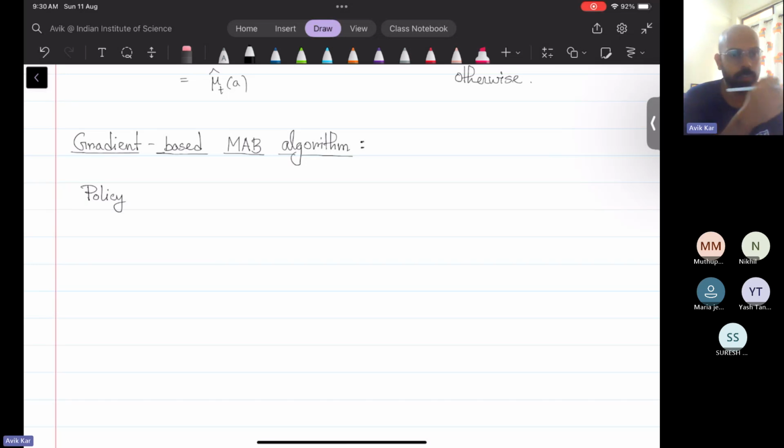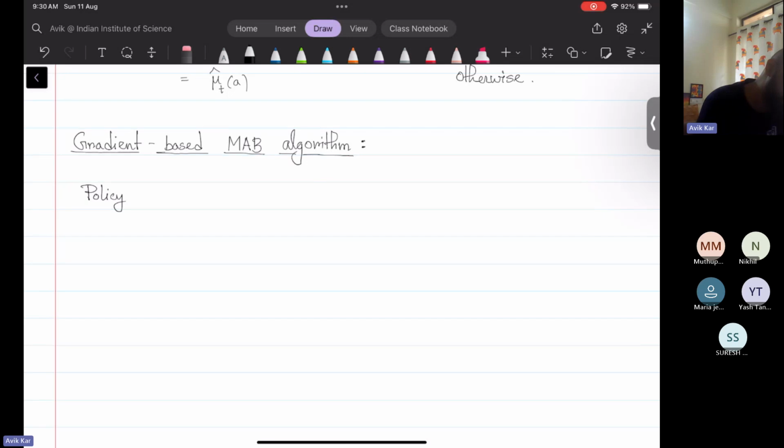Here policy doesn't depend on state because there is no state at all. Without depending on the state, you are just saying that at this time we'll choose an action based on some distribution. That distribution is your policy, and it is not a function of any state.